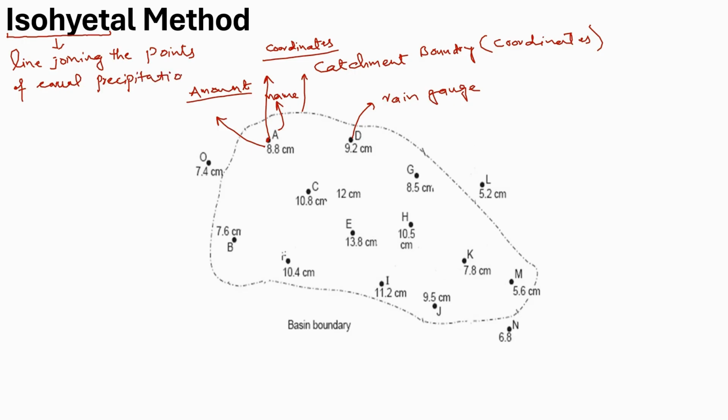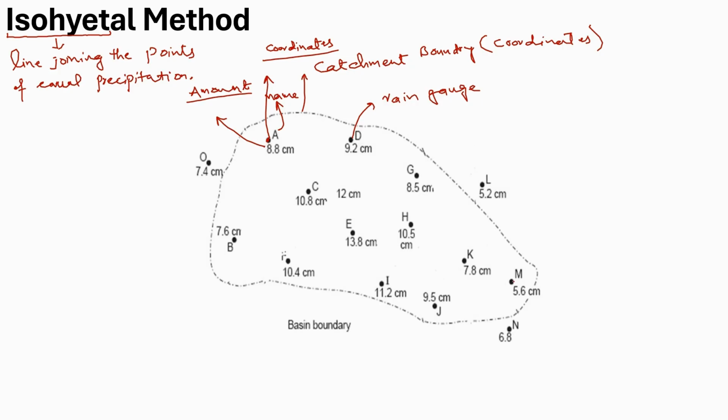So basically, we will judge the points of equal precipitation over a catchment area, and then we will join those points with a line. That line will be known as the isohyet. Just like we say, a contour is a line joining the points of the same elevation, an isohyet is a line joining the points of the same or equal precipitation.